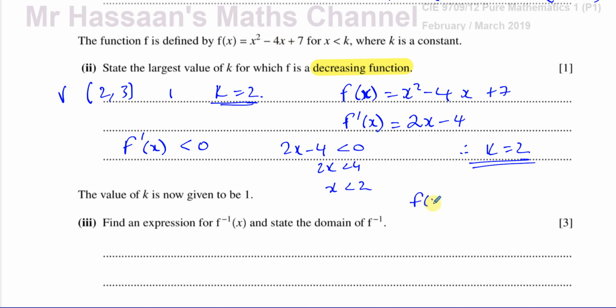So our original function is now f of x equals x squared minus 4x plus 7, and our domain is x is less than 1. Okay, k is 1. So we can think of this as f of x equals x minus 2 squared plus 3, and x is less than 1.